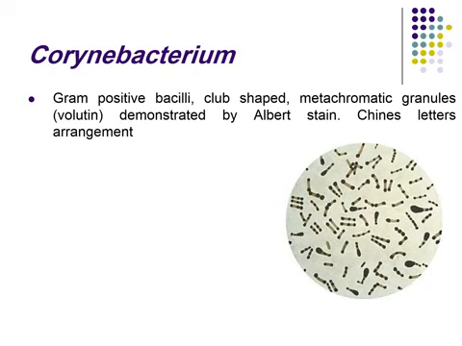It contains highly polymerized polyphosphate granules called metachromatic granules or volutin granules. These granules can be detected by a special stain called Albert stain. So the special stain used in diagnosis of Corynebacterium is called Albert stain.